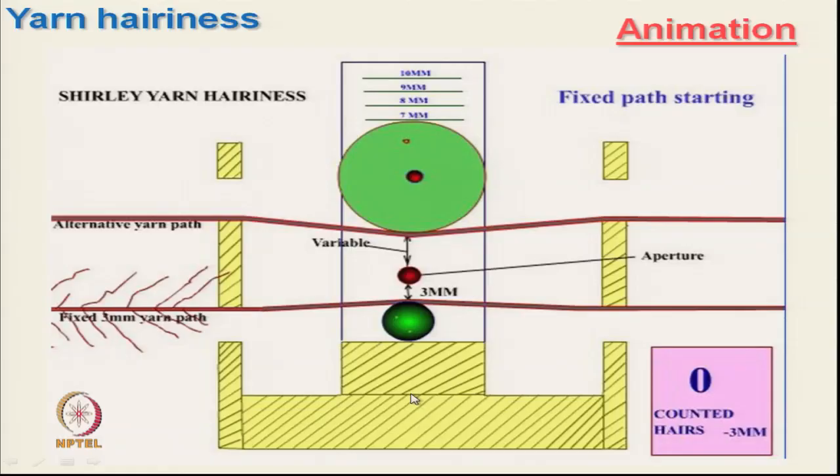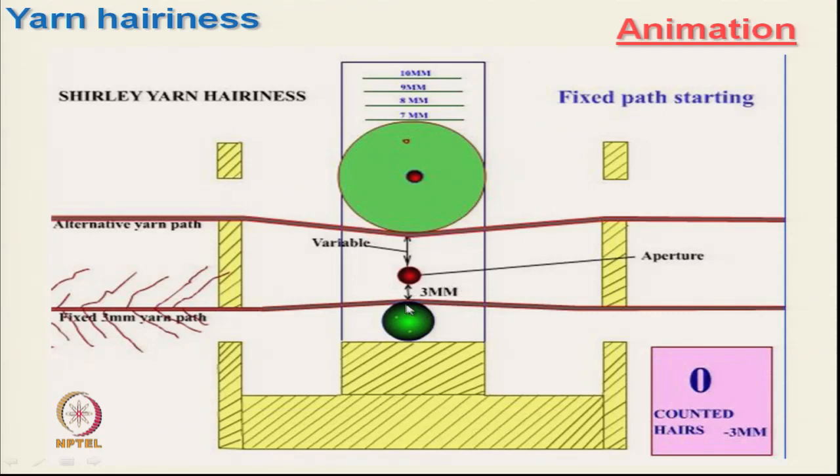Now, this is the instrument, and here we have two yarn paths. The yarn path at the bottom is called the fixed yarn path. Here the yarn will move, and this is the guide, and this is the aperture where light passes through. The distance between this aperture and this guide is fixed at 3 millimeter.